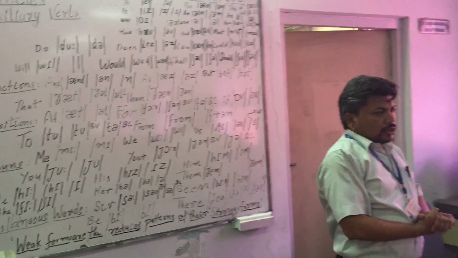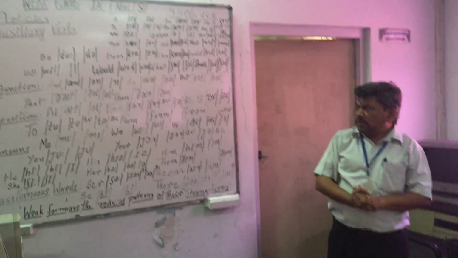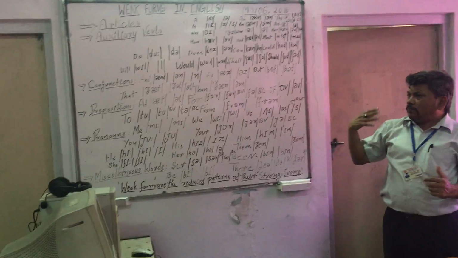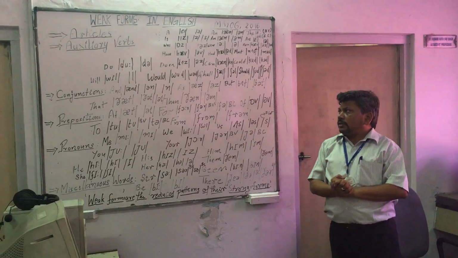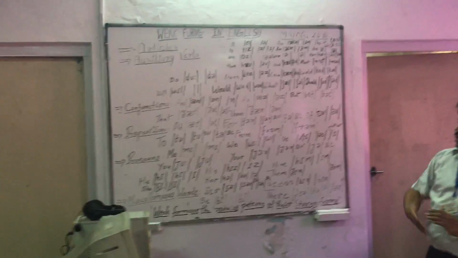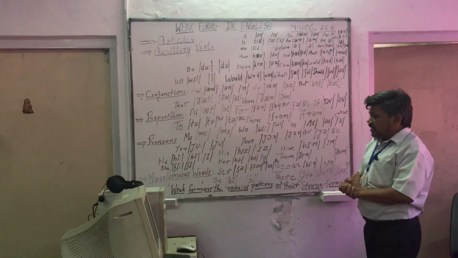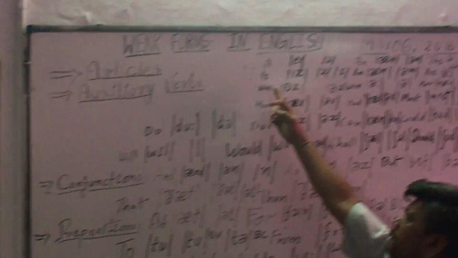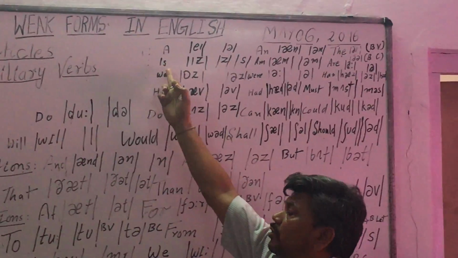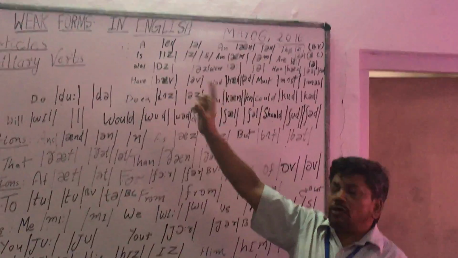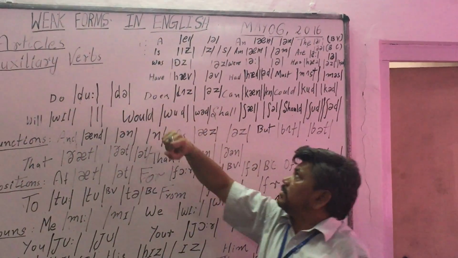Switching over from articles, the second weak form group of words is auxiliary verbs. They constitute the second unit of weak forms. In auxiliaries, we will begin from the present singular verb of present continuous tense, that is.